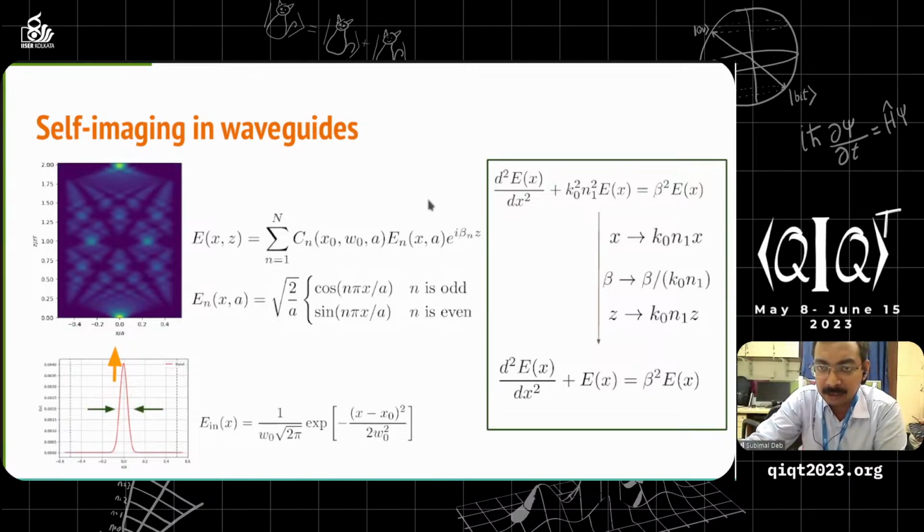All the lengths, all the spatial coordinates in our system are scaled up by a factor of k0 times n1. So you multiply k0 n1 to all the lengths, and this equation transforms into another equation where you do not have an explicit dependence on the material parameters, and that is what we will take a look at.